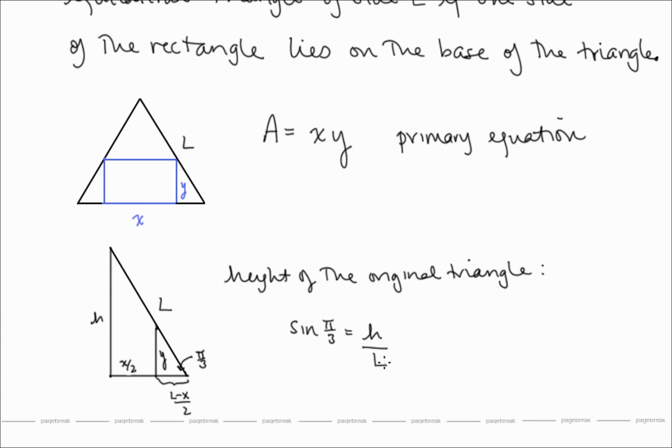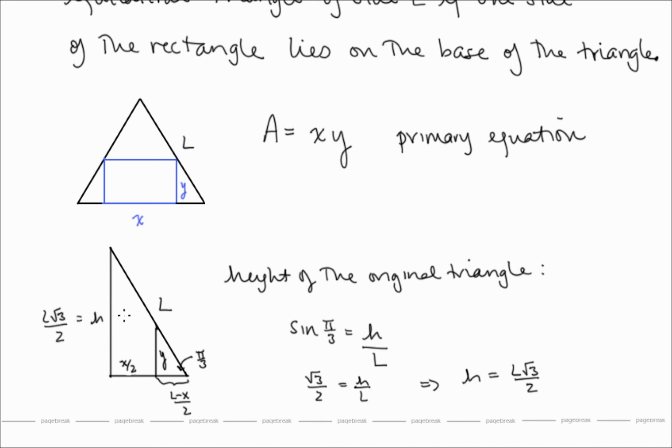That's opposite over hypotenuse. And sine of pi over 3 is radical 3 over 2. So we have radical 3 over 2 is equal to h over L. That tells us that the height of our triangle is equal to L radical 3 over 2. So this is L radical 3 over 2.